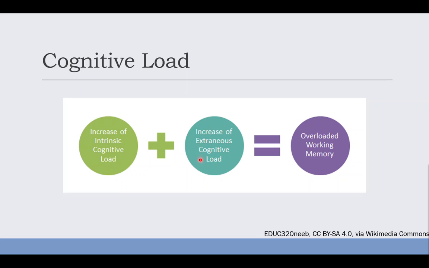And if we add too much extraneous cognitive load, and the intrinsic cognitive load, the difficulty of the subject, is already hard, that can overload our working memory and make it difficult to learn. So what we want to do is, especially when something's complicated, we do not want to increase the extraneous cognitive load. We want to keep as many things as simple as possible so that we don't overload this working memory.